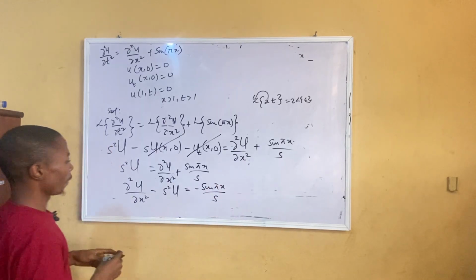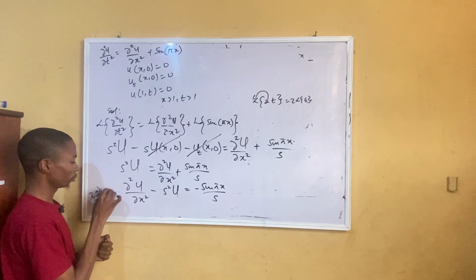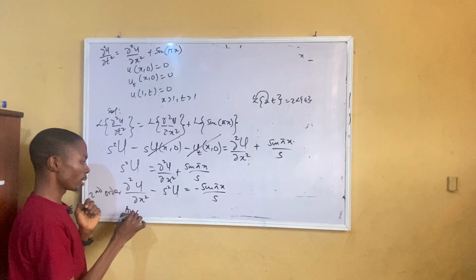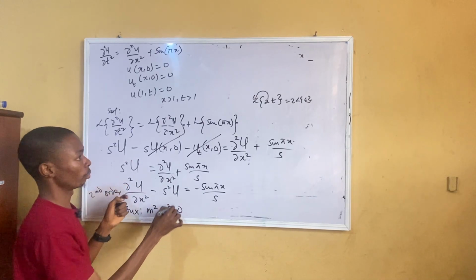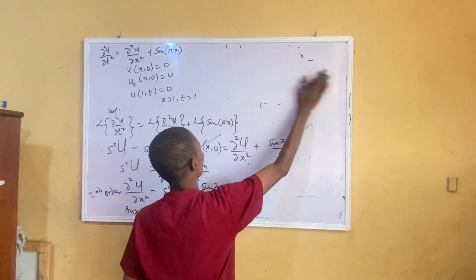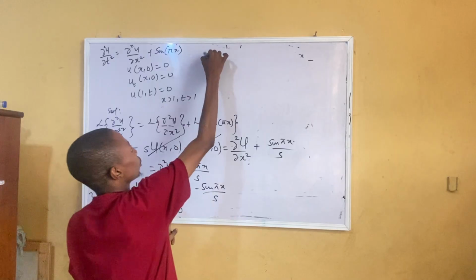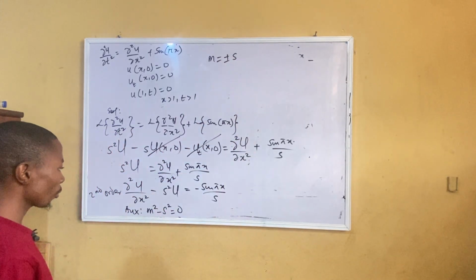All right, so how do we solve this? This is a second order inhomogeneous differential equation, so you find the auxiliary equation. What is the auxiliary equation of this? It is m squared minus s squared equals 0. So solving m squared minus s squared, m equals plus or minus s, two solutions.